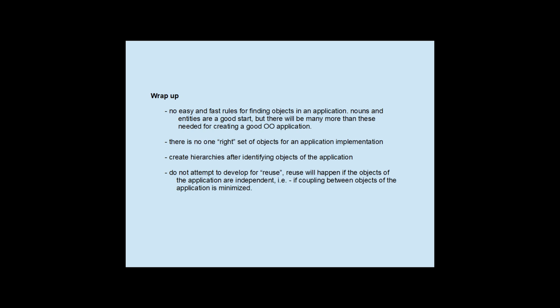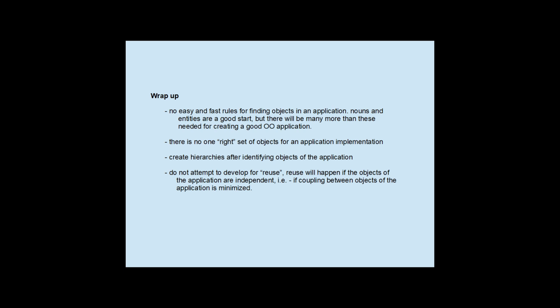I'd like to make a few final comments. First, there are no easy and fast rules for finding objects in an application. Nouns and entities are a good start, but there will be many more than these needed for creating a good object-oriented application.